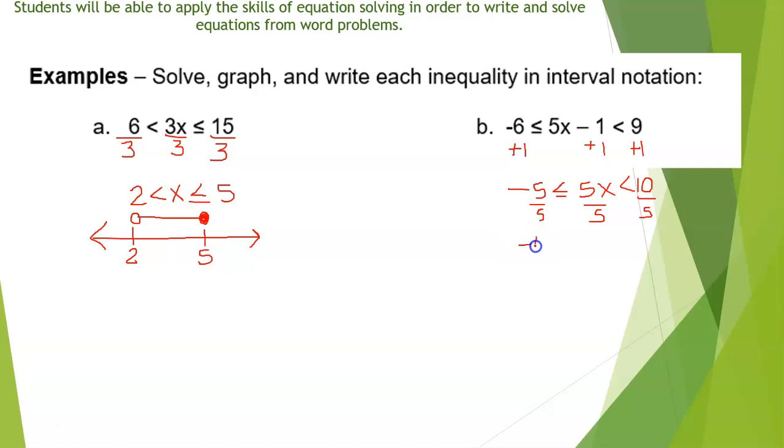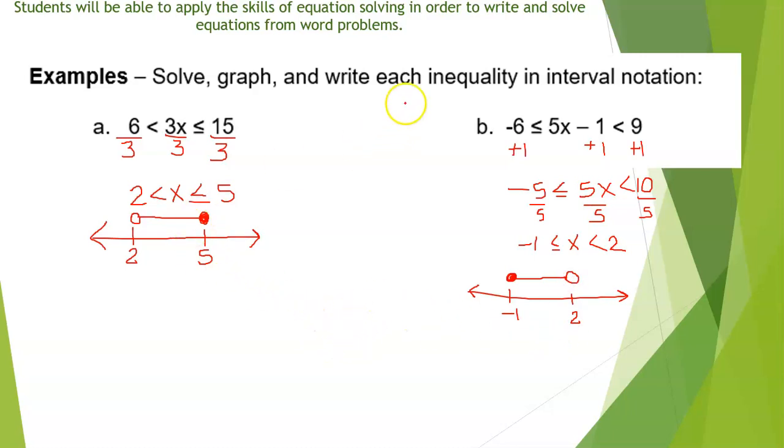So we have -1 is less than or equal to x, which is less than 2. So when we draw our number line, we're going to have a -1 on it, and a 2. -1 is less than or equal to, so that's our closed dot. And then it's an open dot at 2.